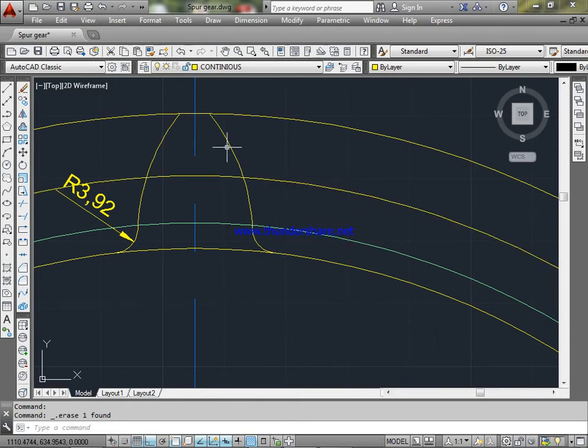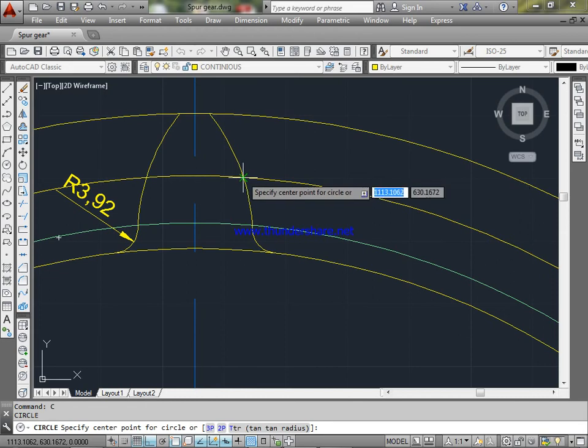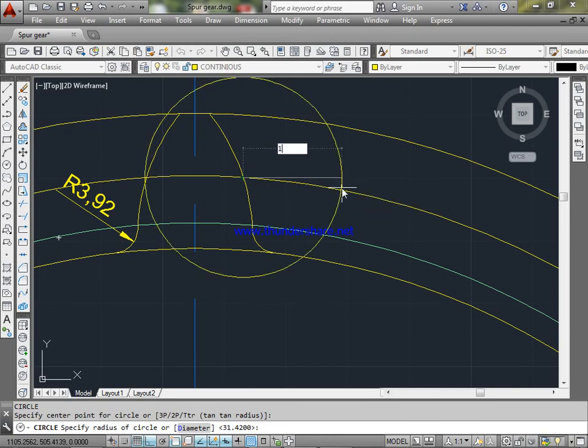From one tooth to another, the gap between the teeth is 15.71. That is the tooth thickness. So we draw an arc of radius 15.71 millimeter as per the problem.